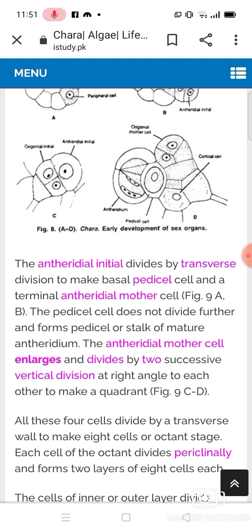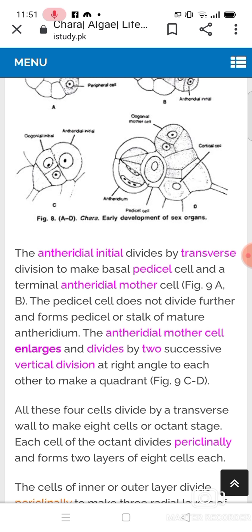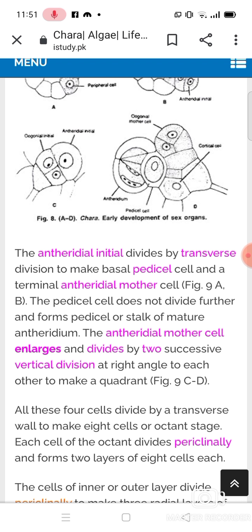The lower cell or the pedicel cell will not divide further and will make a stalk-like structure of the mature antheridium. The antheridial mother cell or the uppermost cell divides by two successive vertical divisions at right angles to each other and makes a quadrant.